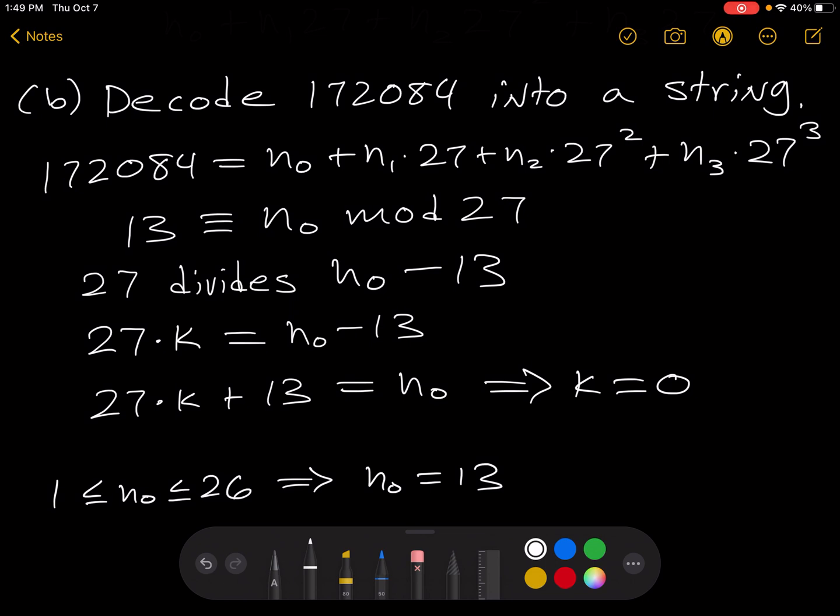Now why is that? All right, so let's think about what would happen if k was negative. Best case scenario, k is -1. If k is -1, then 27 times -1 is -27. -27 plus 13 is a negative number. But remember, n0 has to be between 1 and 26 inclusive. So that means k cannot be negative. If k is -2, then it's even worse. It's -2 times 27, even bigger in absolute value than 27 times -1.